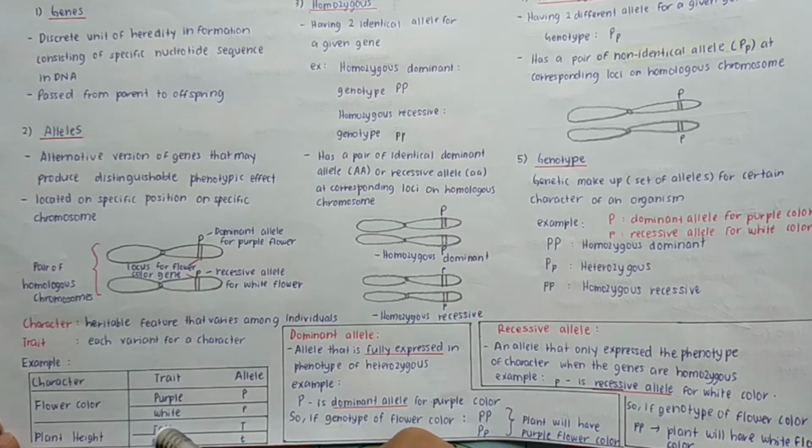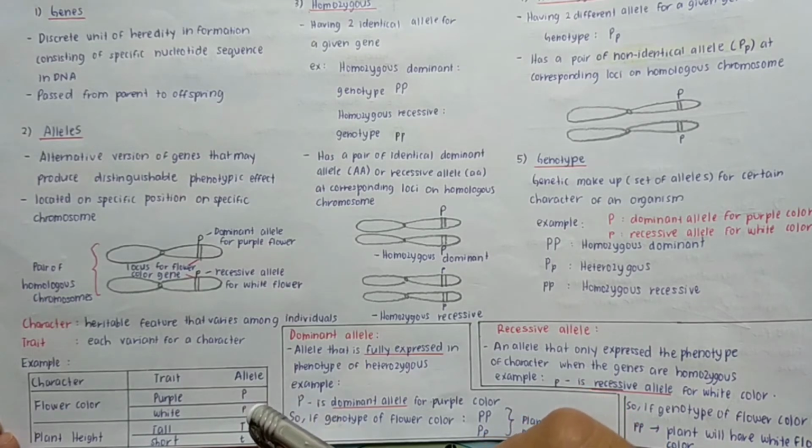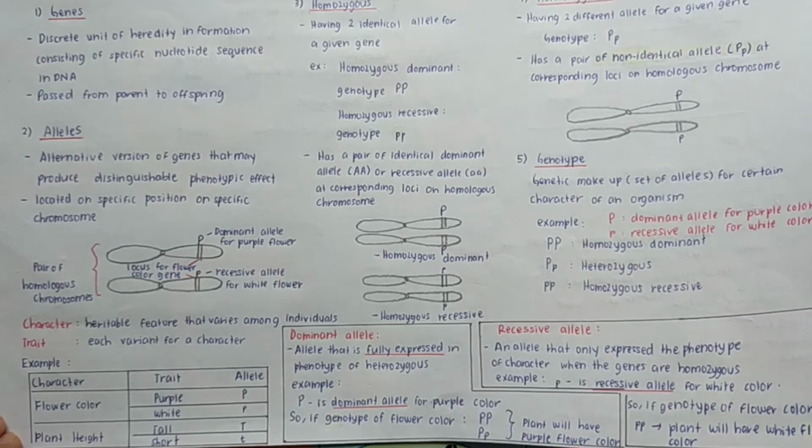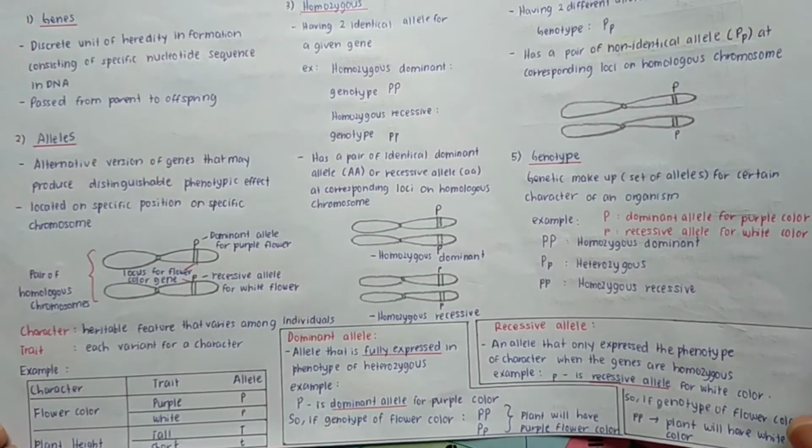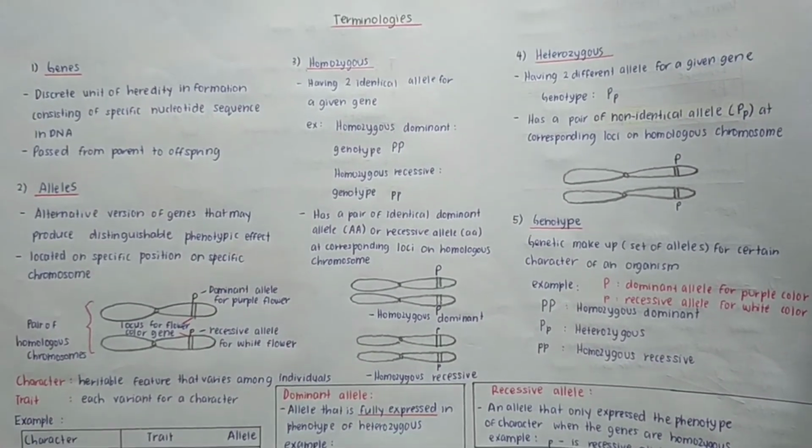The first one is tall, the second is short. Tall adalah dominant phenotype, short adalah recessive phenotype. So the allele that represents the dominant allele for tall is capital T, T besar. And then T kecil ini dia akan represent recessive allele for short. So it means that you have to differentiate between dominant and also recessive allele.